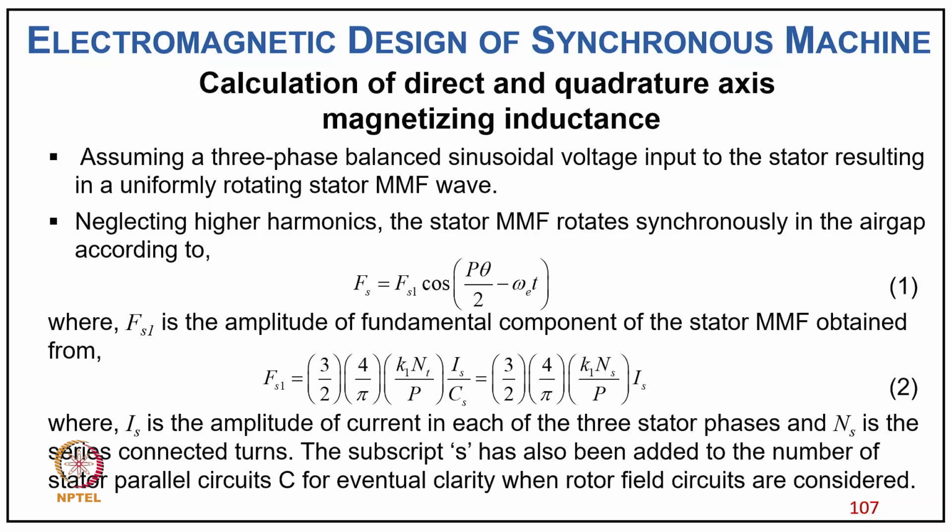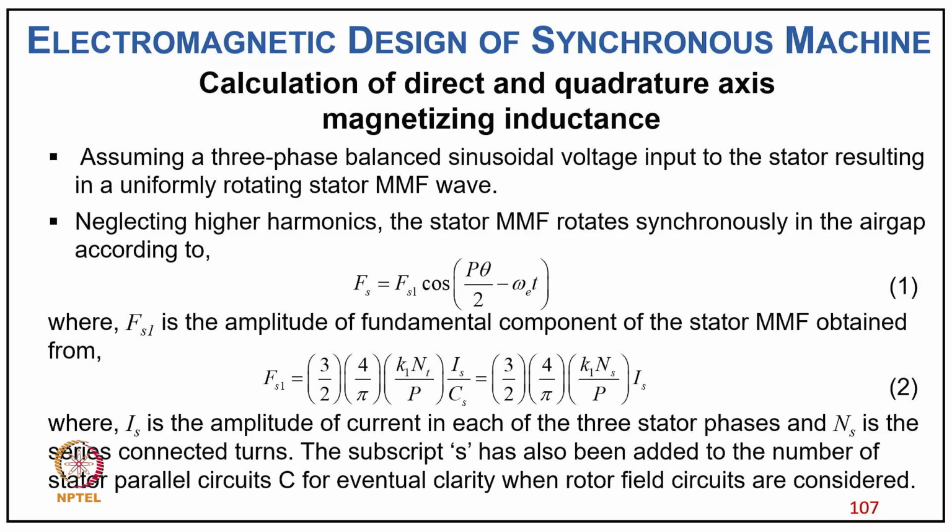Now, calculation of direct and quadrature axis magnetizing inductance, assuming a three-phase balanced sinusoidal voltage input to the stator resulting in a uniformly rotating stator MMF wave, and neglecting higher harmonics, the stator MMF rotates synchronously in the air gap.